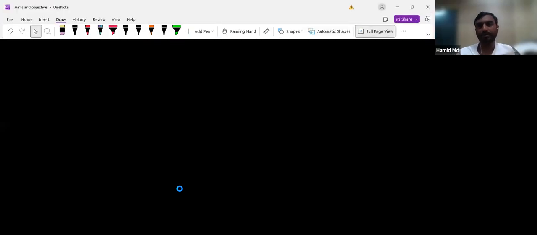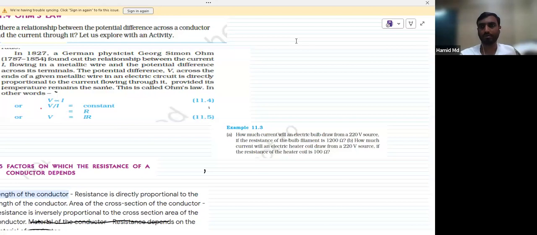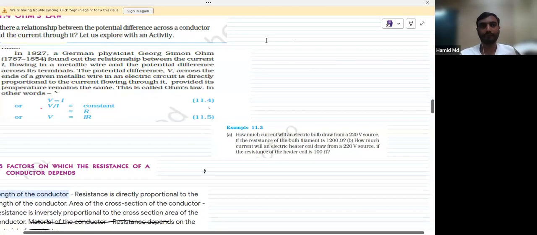That's it. The linear relationship between voltage and current. What is Ohm's law? Will you repeat what is Ohm's law?